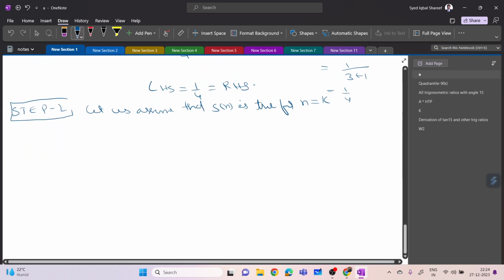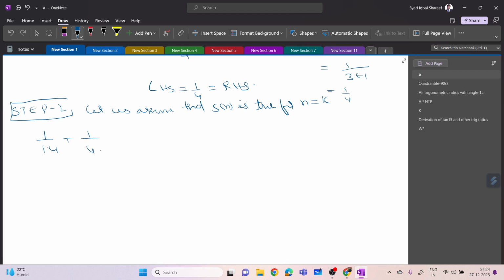So 1.4 plus 4.7 and so on equals 1 by (3k minus 2)(3k plus 1), which equals k by 3k plus 1. This is the assumption. Now we have to prove step 3.